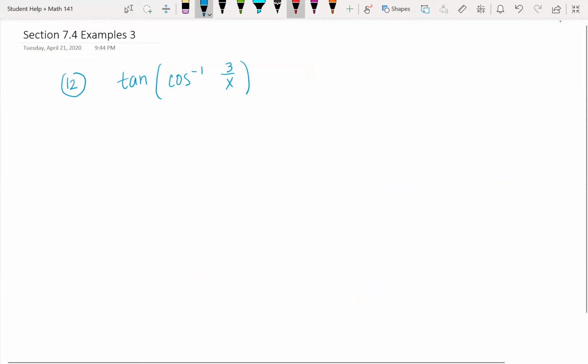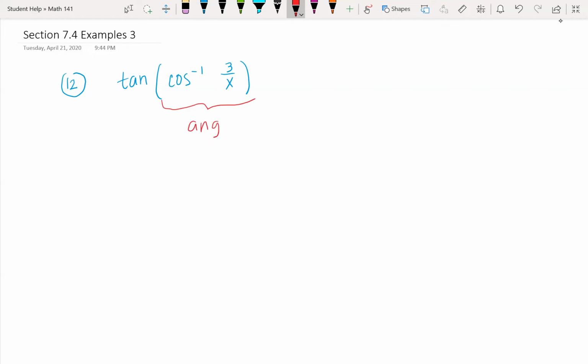So cosine inverse is an angle. We don't know what that angle is. So what we do is we draw a picture to denote what is given to us. We're going to draw a picture here in the first quadrant.